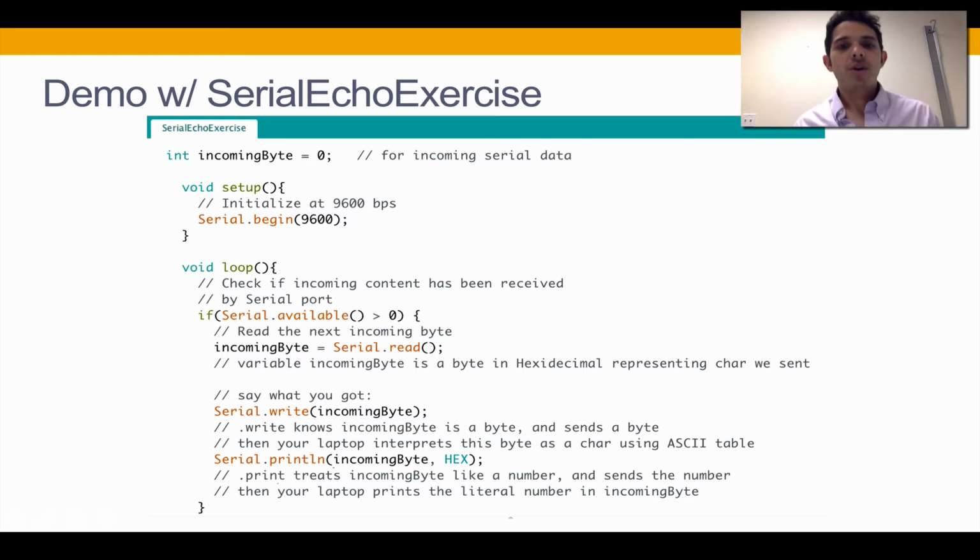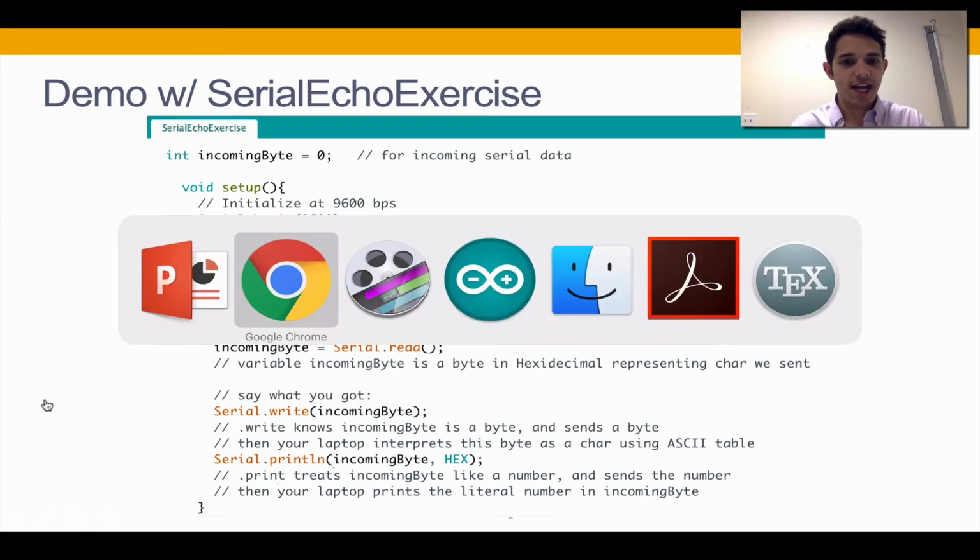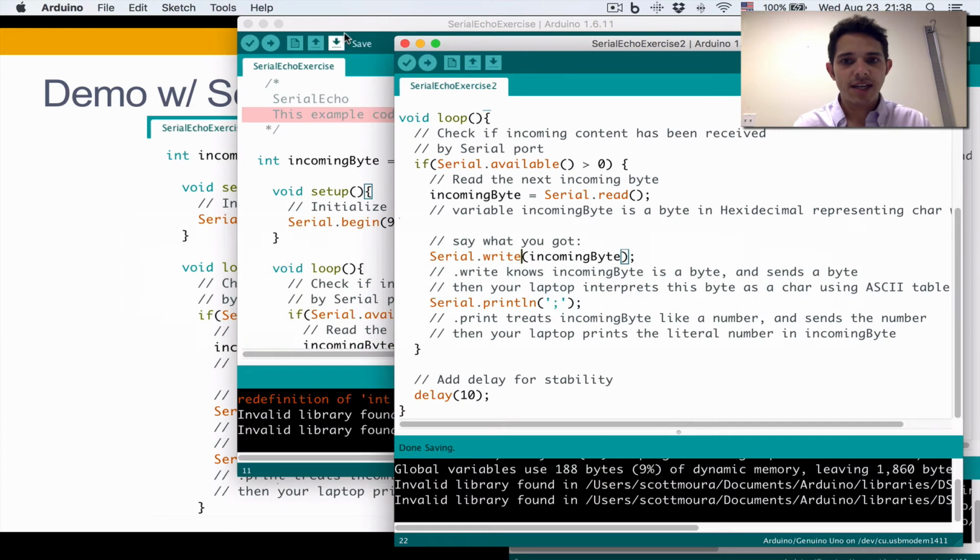And then what we're going to do is send characters to the Arduino from our laptop. The Arduino is going to execute some code, which is shown here on the slide. And then the Arduino is going to spit back something in the serial monitor based off what we give it. Okay? So let me jump into the IDE to explain how this works.